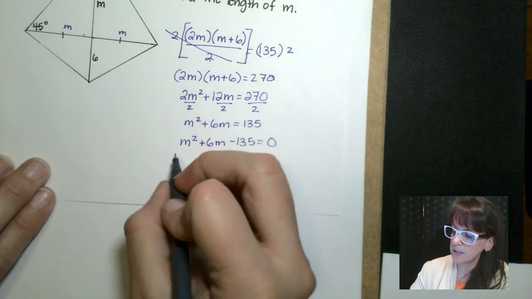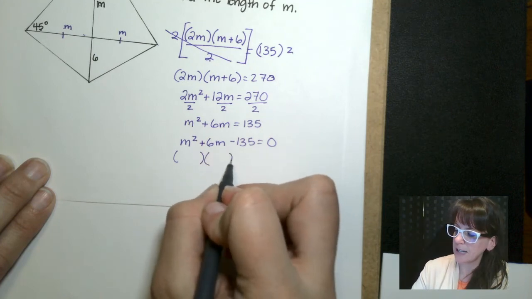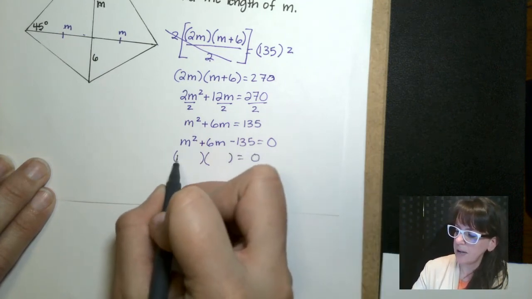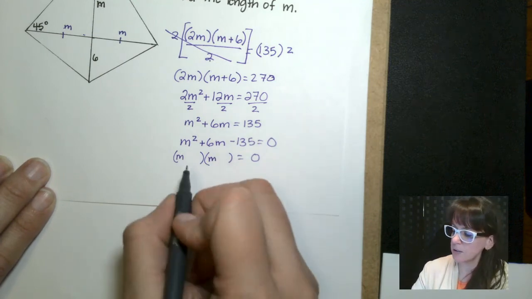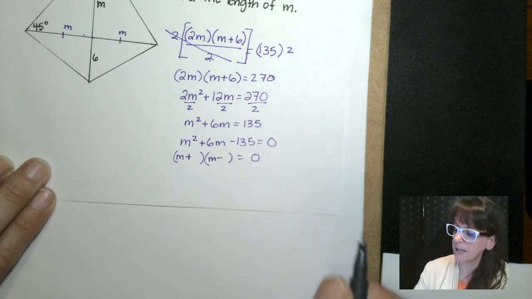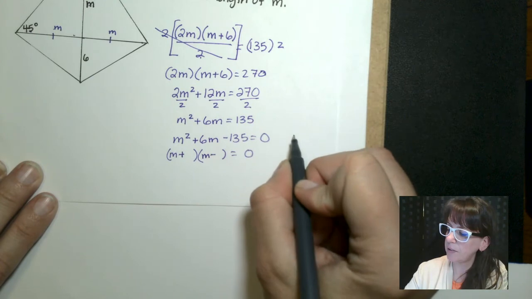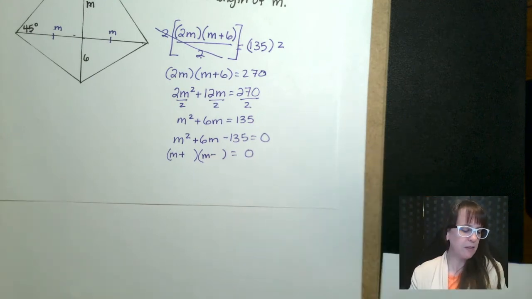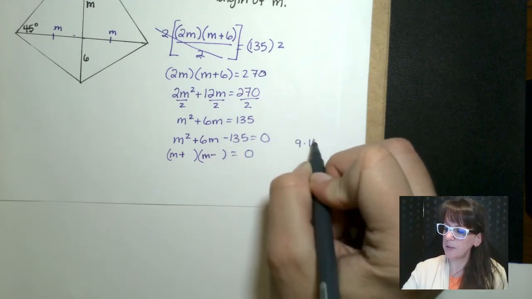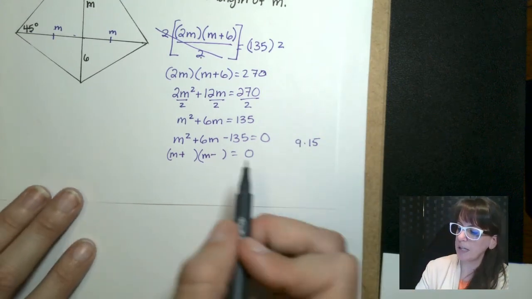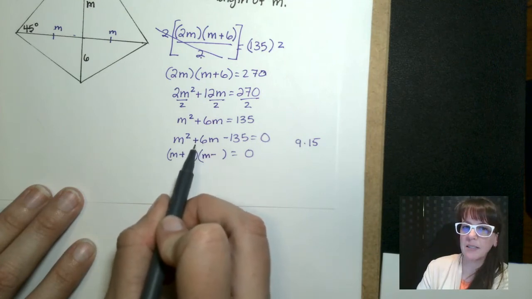All right, so let's see if we can factor this guy. So this tells me different signs, so plus, minus, and so I have 135. You want to list out all your factors, but I think if we do 9 times 15, that should work, because I need a positive 6.